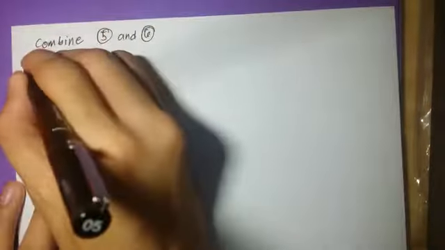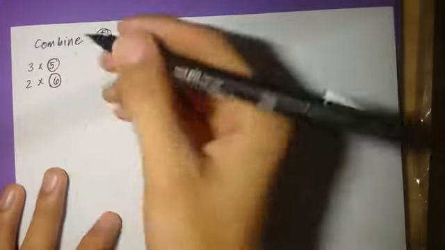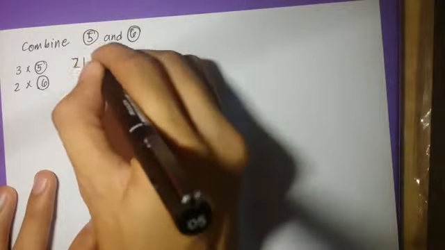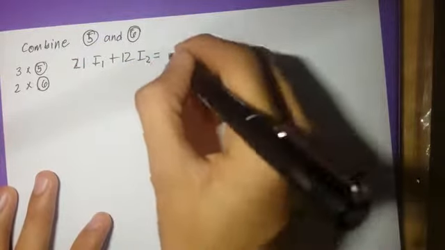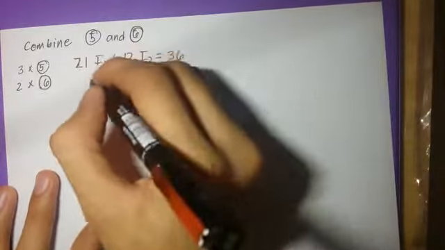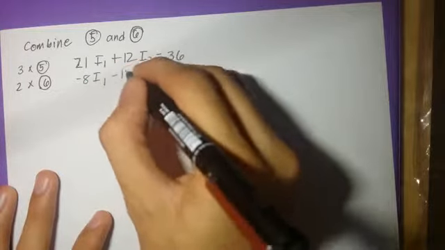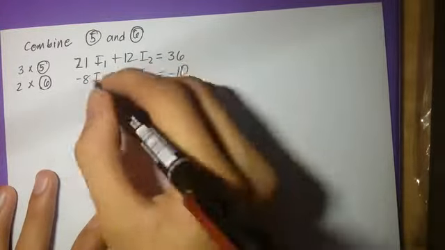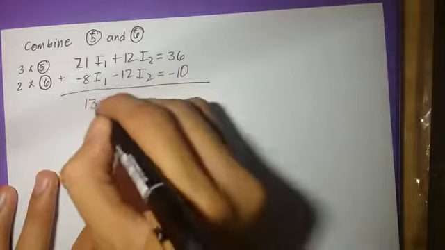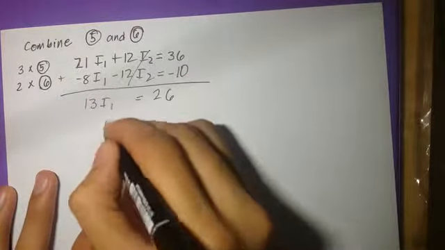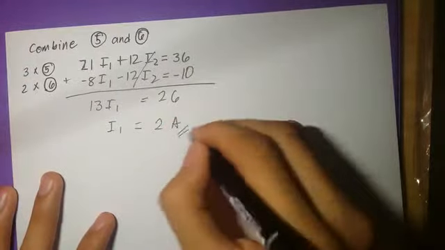If you combine 5 and 6, we multiply the equation by 3, and the other equation by 2. We can cancel the variable I2, and we only have variable I1. So we can get I1 as 2 amperes.